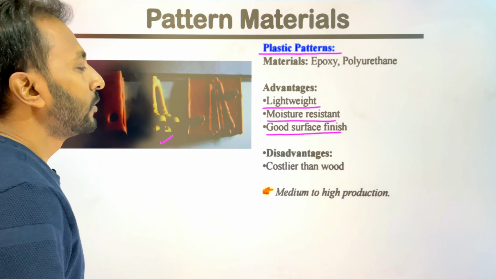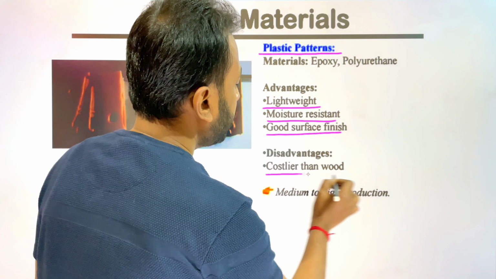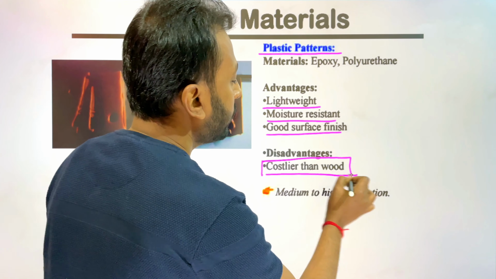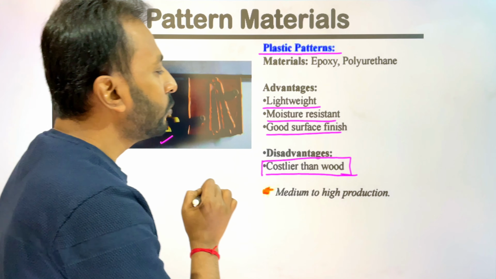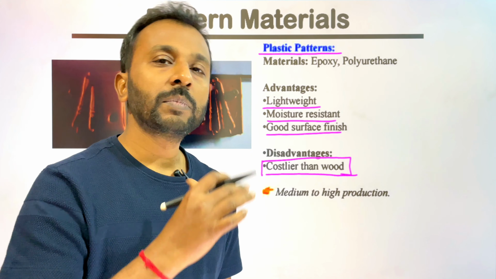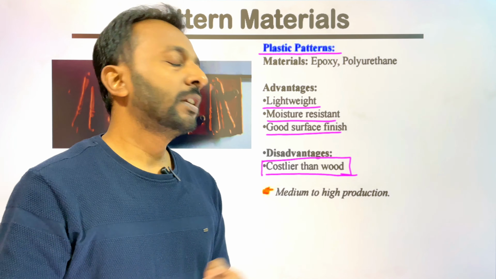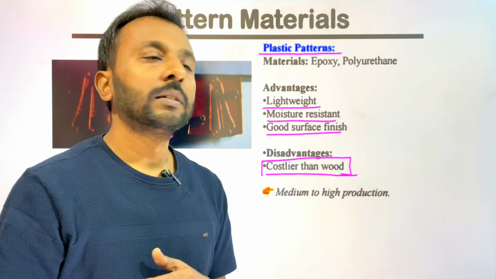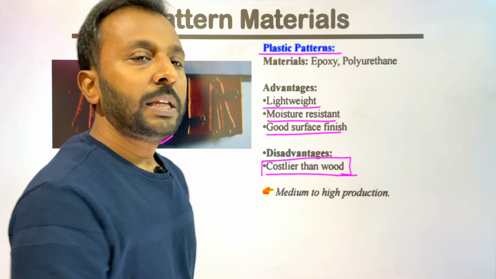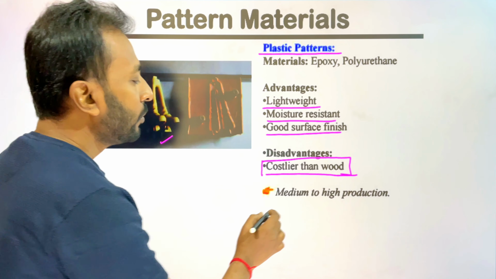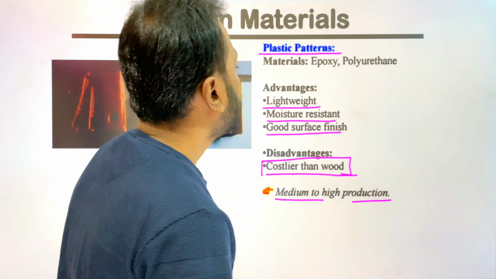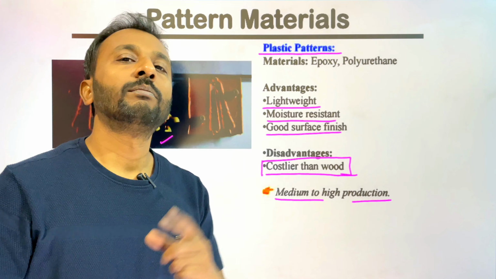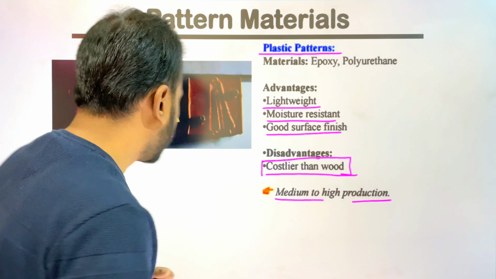But it has one disadvantage, that is it is costlier than wood. If we create a wooden pattern and a plastic pattern of the same size, the plastic pattern will be costlier, but it has so many advantages. In medium to high production, plastic patterns are used.